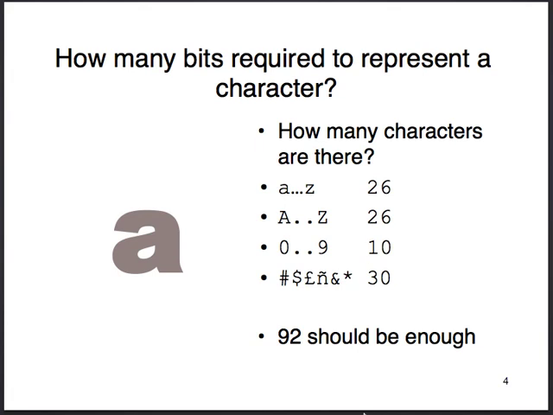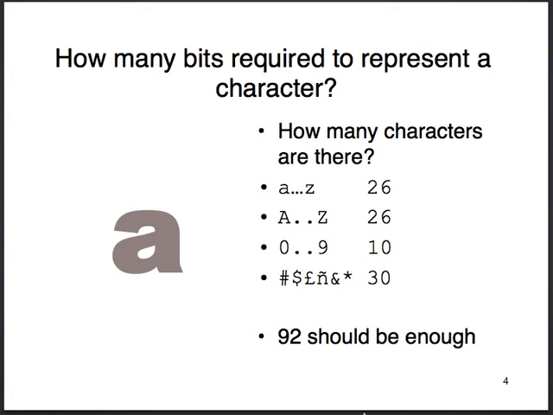With 5 bits, you could represent 32 different things. With 6 bits, you could have 64 different things. With 7 bits, you could go as far as 128 different things. So if we want a character set with 92 characters in it, we'd need to use 7 bits. We wouldn't have enough at 6.